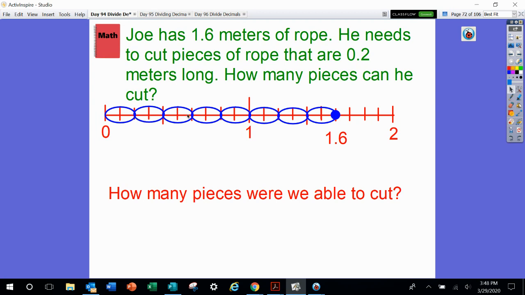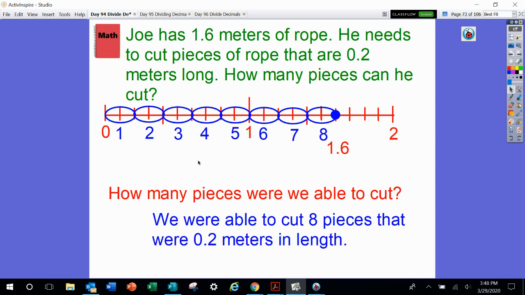If each of these circles represents a piece that I was able to cut, how many pieces was I able to cut? I was able to cut 8 pieces. 1, 2, 3, 4, 5, 6, 7, 8 pieces. We were able to cut 8 pieces that were 2/10 meters in length.